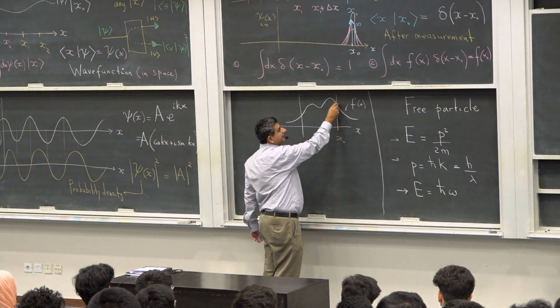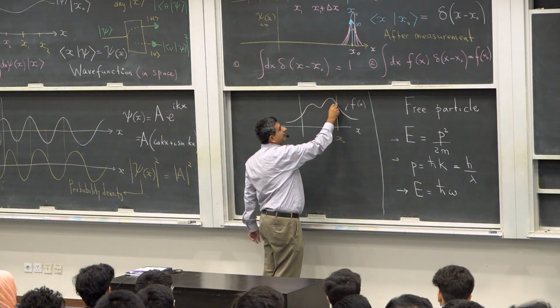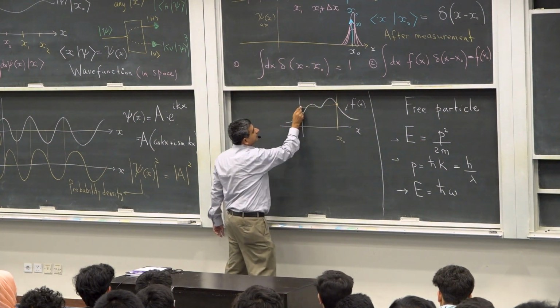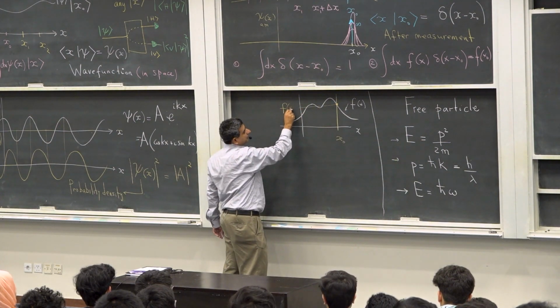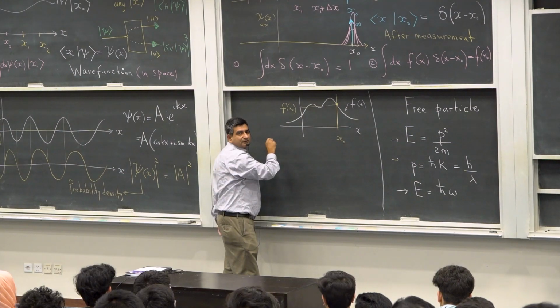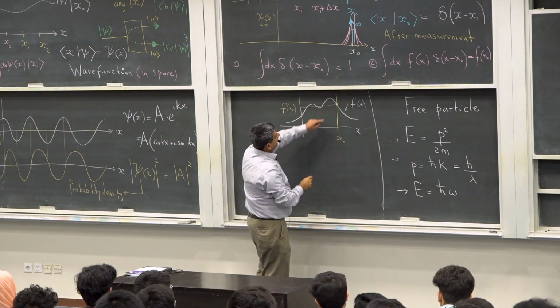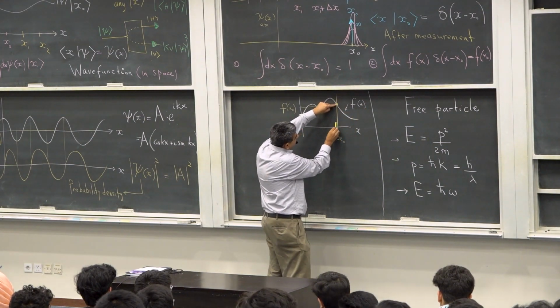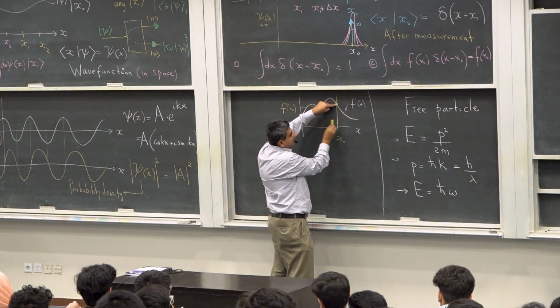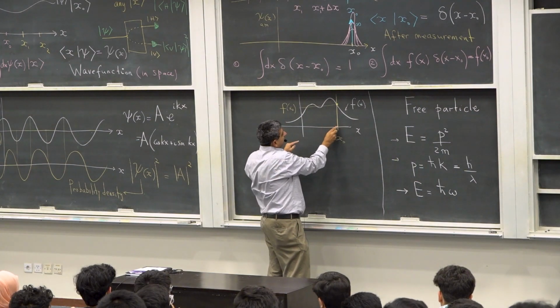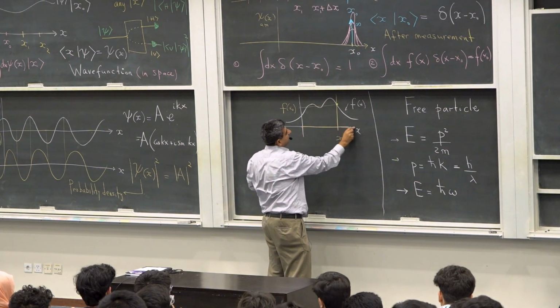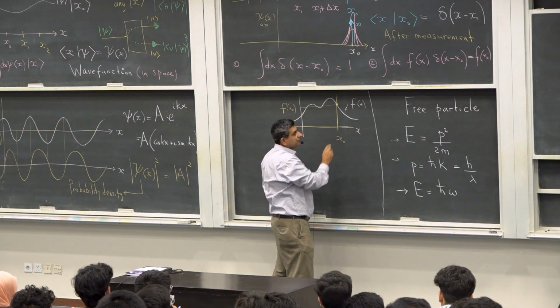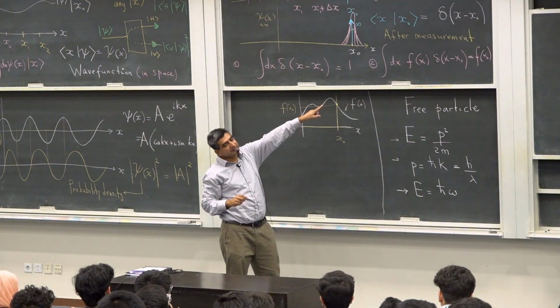So when you multiply these two functions, you get an amplitude which is the function f at x naught. And so this is your amplitude f of x naught, and that just pops out because only that part of the area survives. Everything else goes to 0 because this Dirac delta function is 0 everywhere else. Okay, so this is called a sampling theorem.